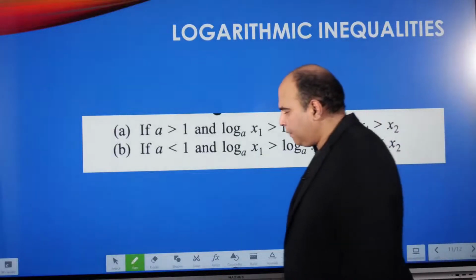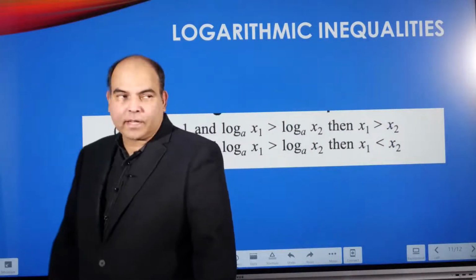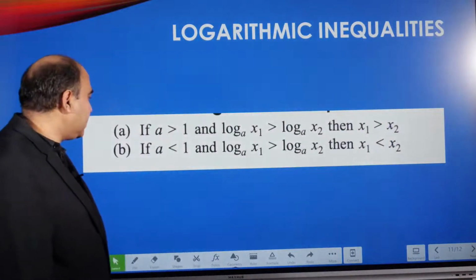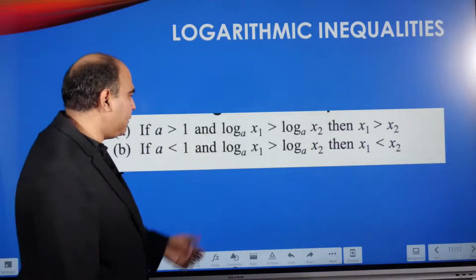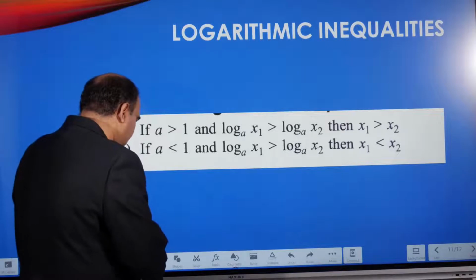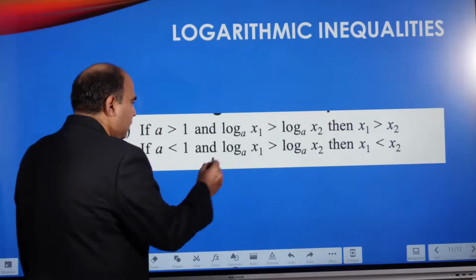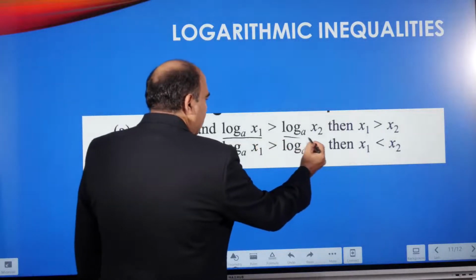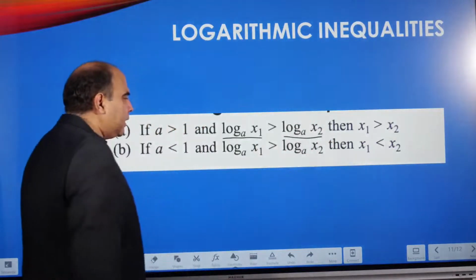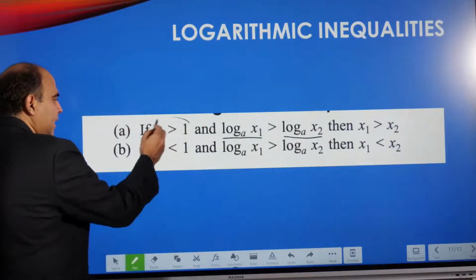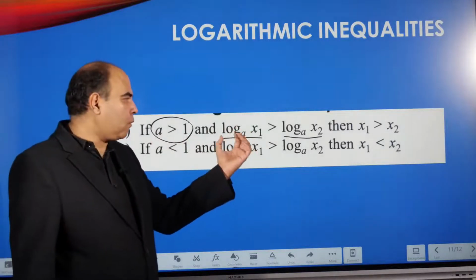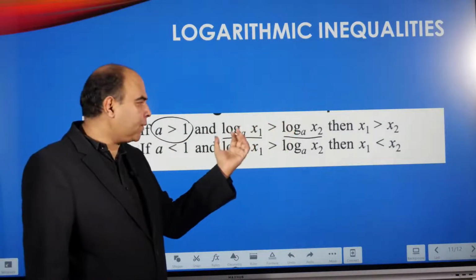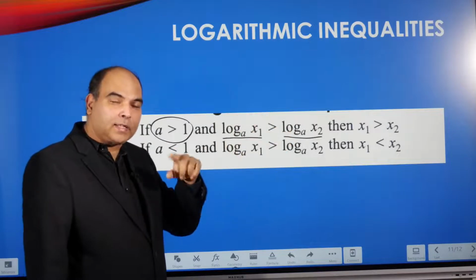And then a couple of properties, a couple of inequalities. If A is greater than 1, and log x1 to the base A is greater than log x2 to the base A, then x1 is greater than x2. So if the log of one number is greater than the log of another number, then the first number is greater than the second number if A is greater than 1.